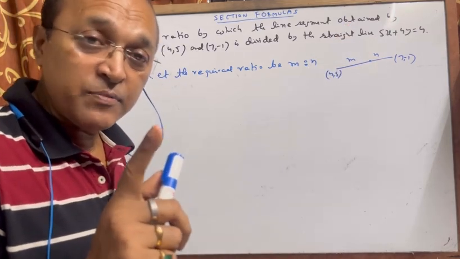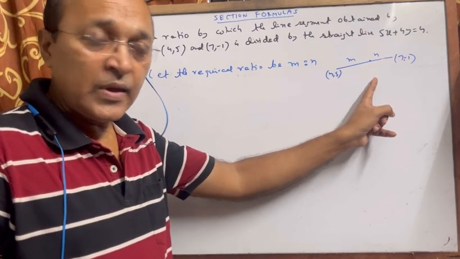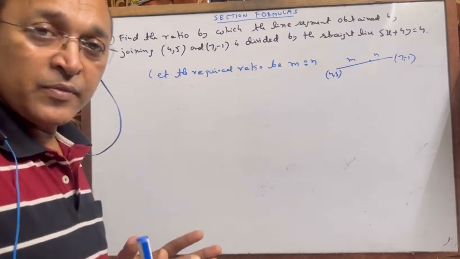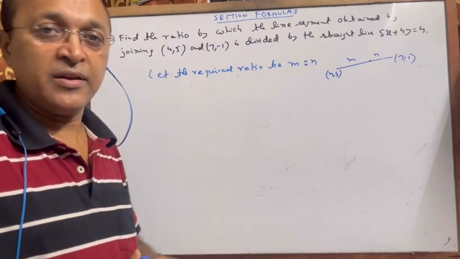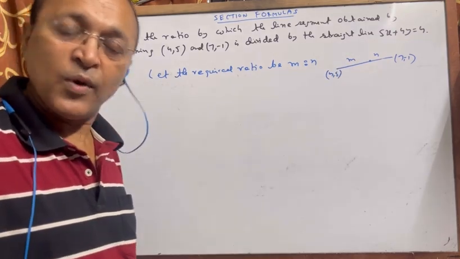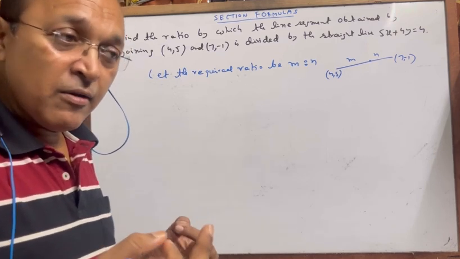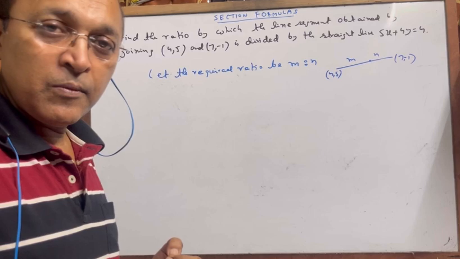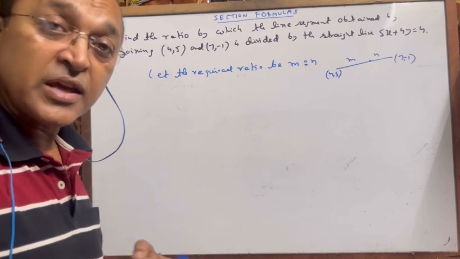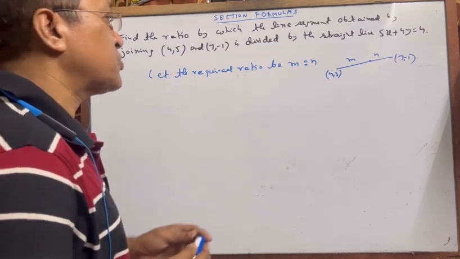There is another important point that I must mention: we don't know whether this particular section will be divided internally or externally. Here it is being considered, let the ratio be m is to n. At the end, after getting the values, we will come to know whether the division is external division or internal division. So let the required ratio be m is to n.